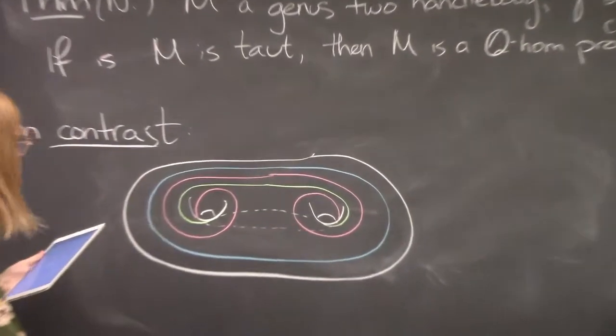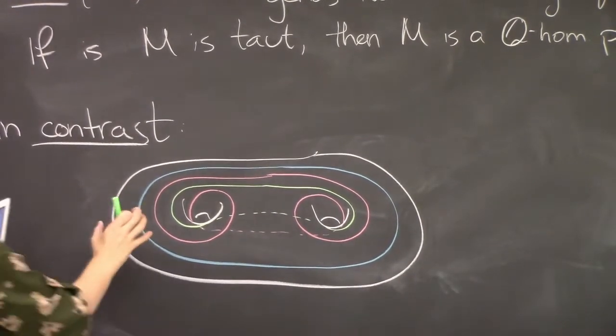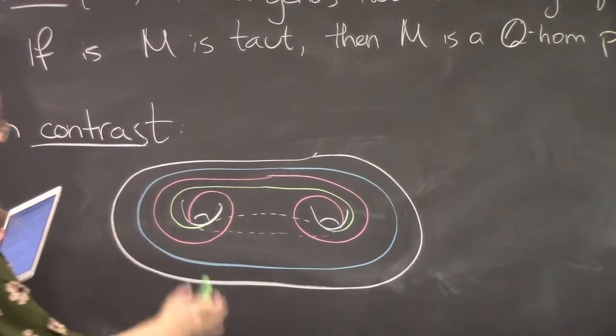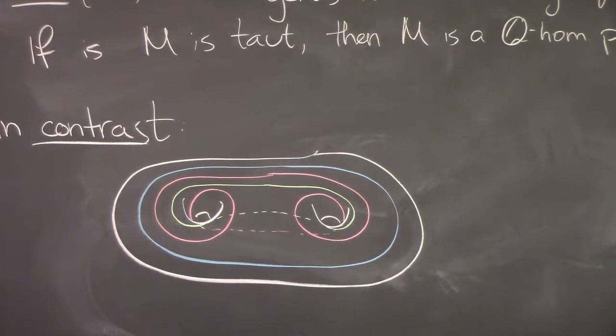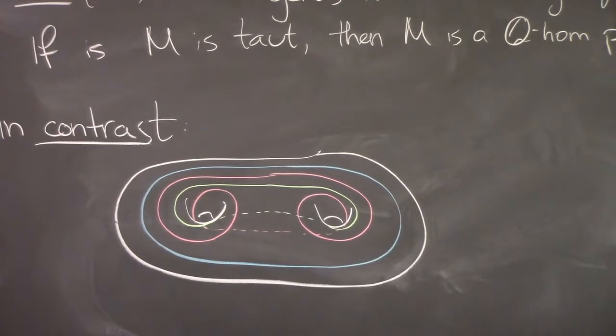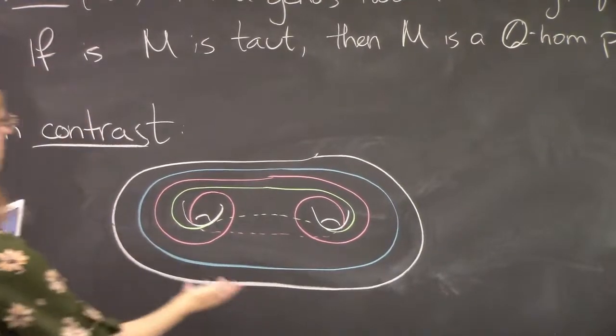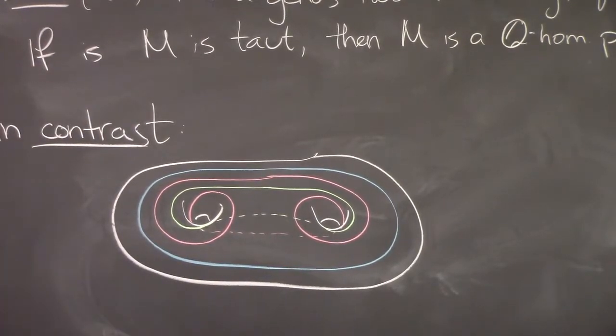You can see this if you're familiar with sutured manifold decompositions. This is something that preserves tautness, and you can decompose along, for instance, this disk here. And that will give you something that's just a product on the nose. So this is an example of something which is taut.